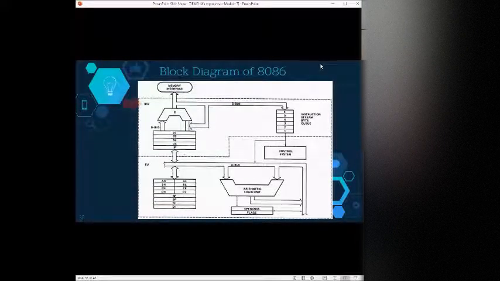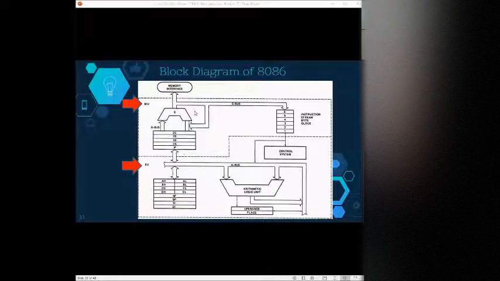Okay, sige, I'll explain. In the block diagram, we can see that it is divided into two. The first one is the BIU, and the second one is the EU. So what is BIU or the bus interface unit?